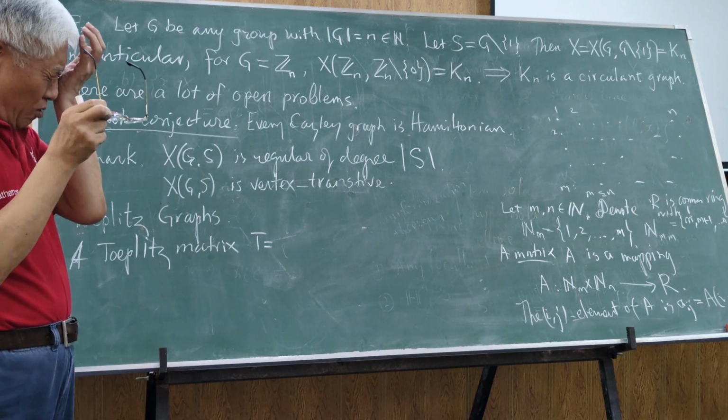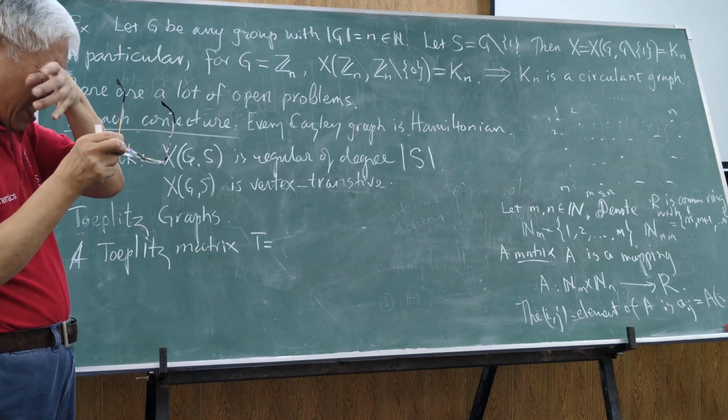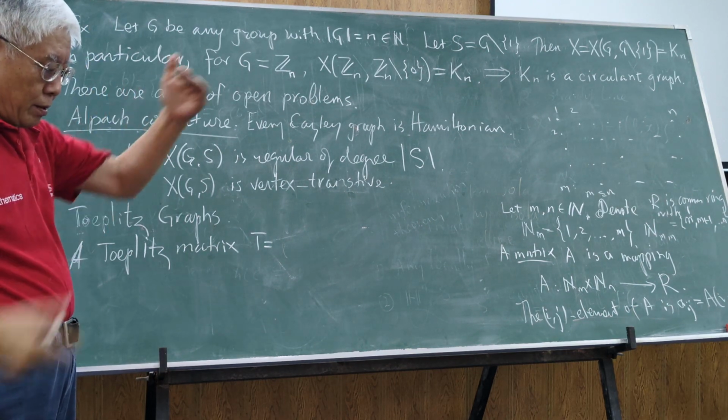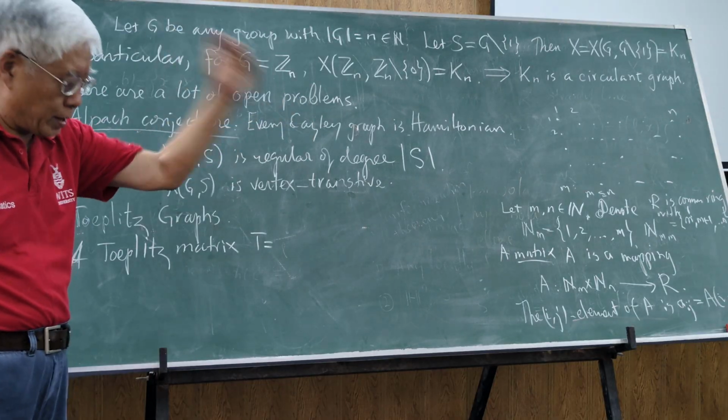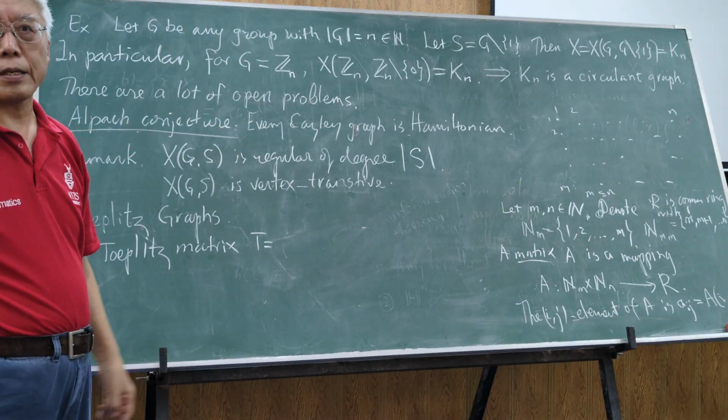So I think commutative ring with identity is the mathematical generality we get.